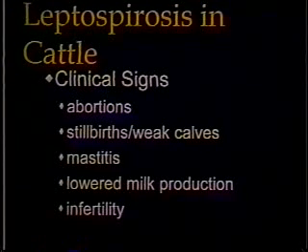They also may cause mastitis in cattle, and the abortions, of course, would result in lower milk production, as with the mastitis, and there may be some infertility associated with this. There are usually not many clinical signs other than what we have suggested.